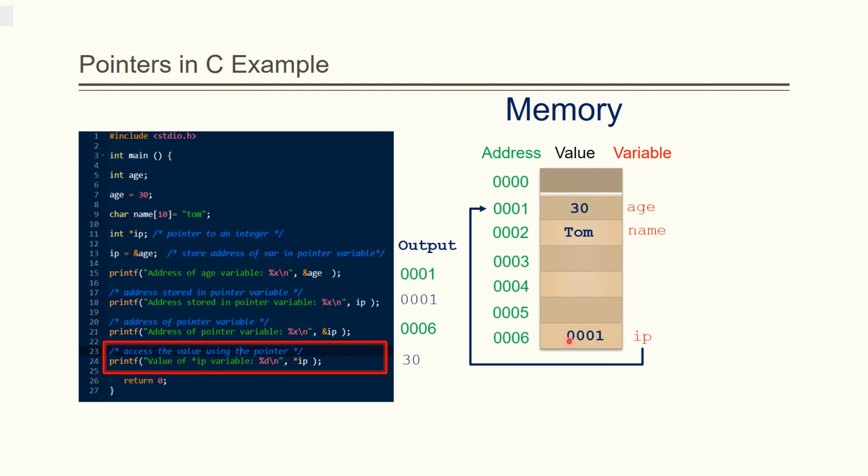So first we go to this address, which is here 0001, and then we want to print the value which is 30. How we can do this is we just need the star operator and then the integer pointer, and then we will get this result.